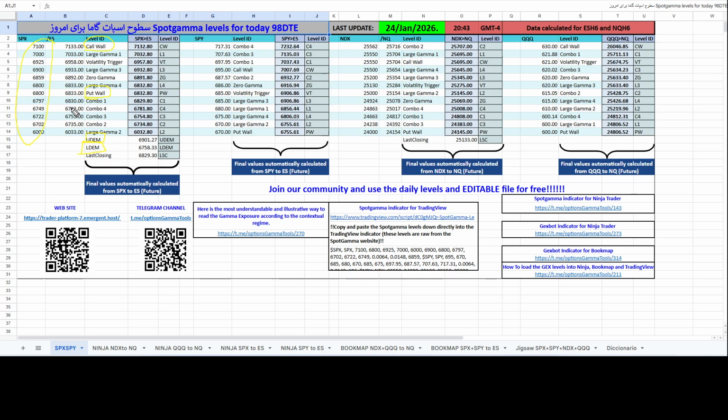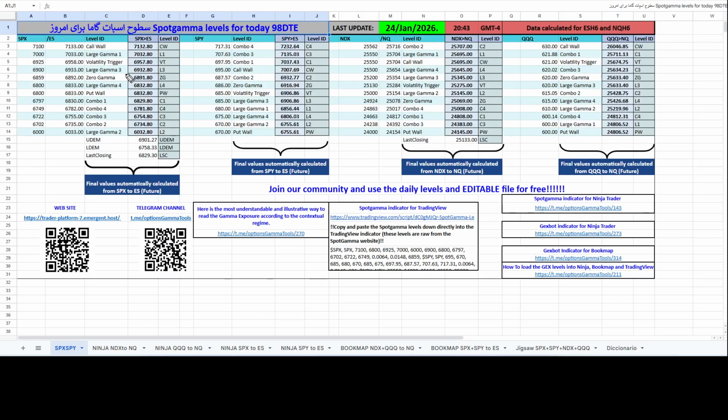In this case, the upper extreme is the upper daily expected move, and the lower part is the low of the session day. This is calculated from the closing price of the day before, and only from SPX.